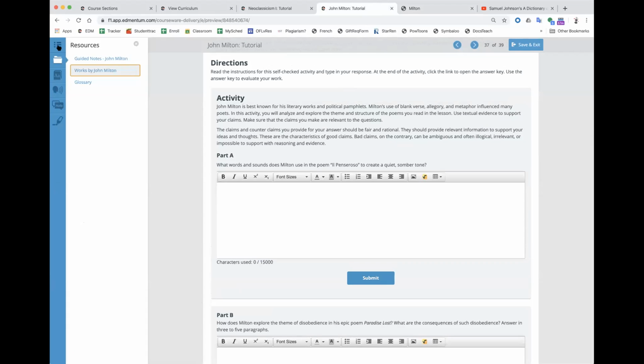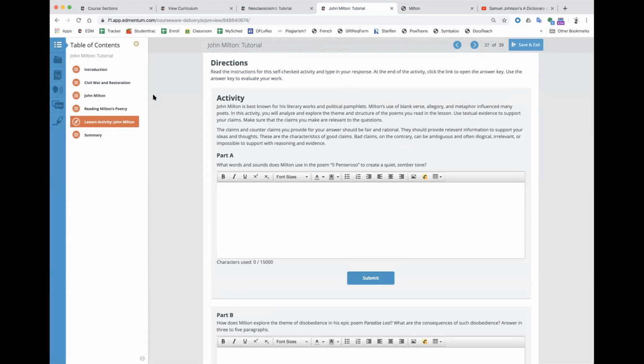So again, as always, it's really important that you go through the tutorial yourself and read through all the information. A lot of that information is useful for the test, whereas I'm just going to go over what is in the lesson activities. So after reading all about John Milton, you should know quite a few things.